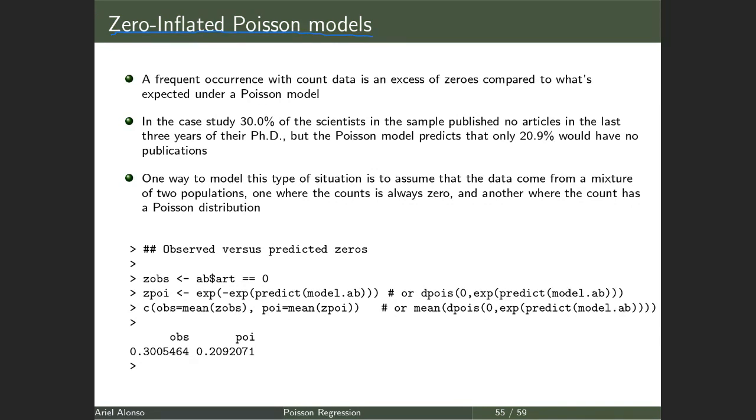One where the counts are always zero, and another one where the counts follow a Poisson distribution. So you assume that your population is divided in two groups. One group has response zero, just zero, and the other part of the population has a response that follows a Poisson model. So your response Y is a mixture between these two subgroups.